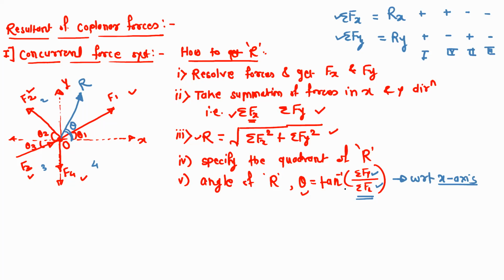Okay, if you interchange the numerator and denominator, so if I write this formula as tan inverse of summation Fx divided by summation Fy, then this angle will be with respect to the y-axis. Okay, but generally we use this formula so that we can get the value of angle theta for the resultant with respect to the x-axis. Okay, so these are the steps to find out the resultant for the concurrent force system.